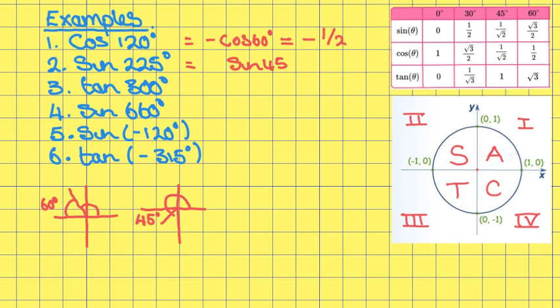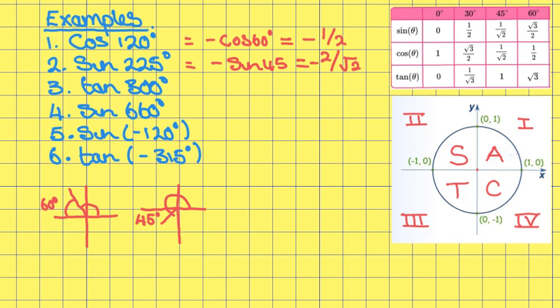If I look at the CAST diagram in quadrant 3, the only one that is positive is tan, so that must be negative. If I now go to my table, I want sine 45, which is 1 over root 2. I don't like root 2 on the bottom, so that is equal to root 2 over 2, and it is negative.